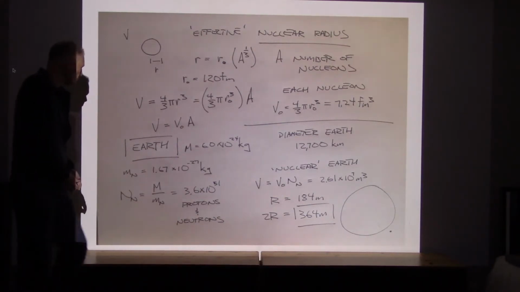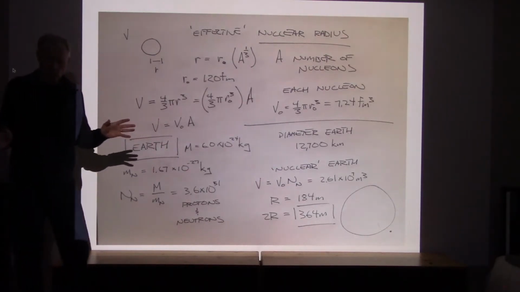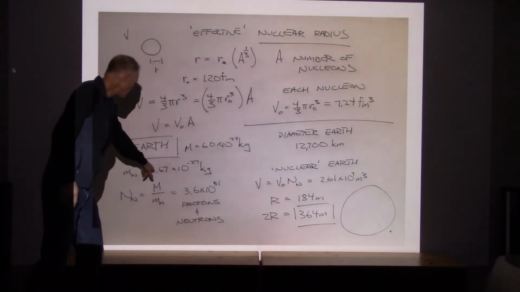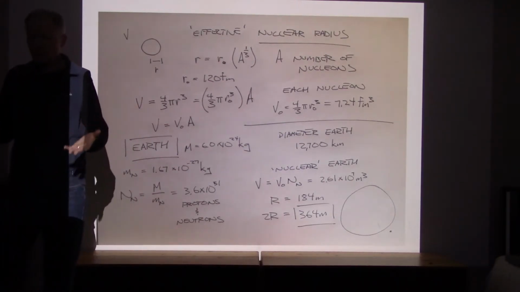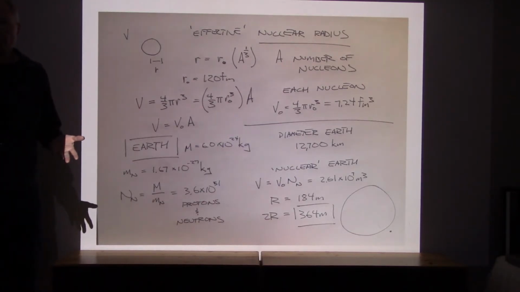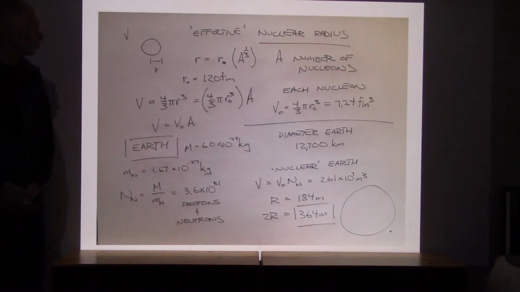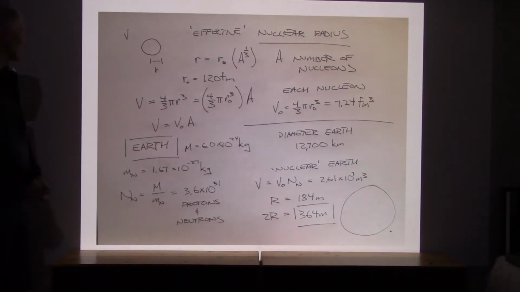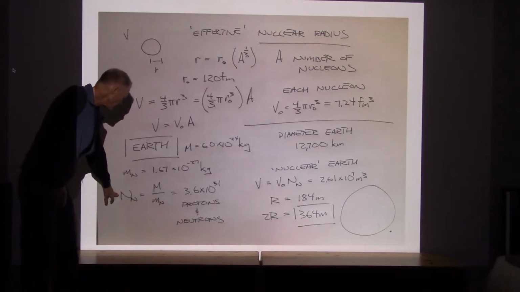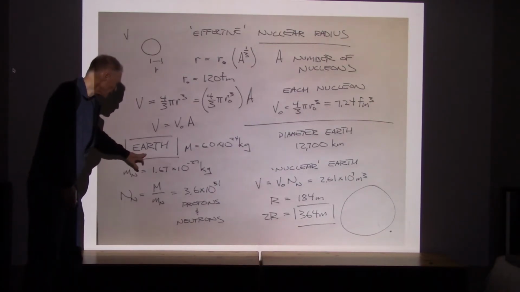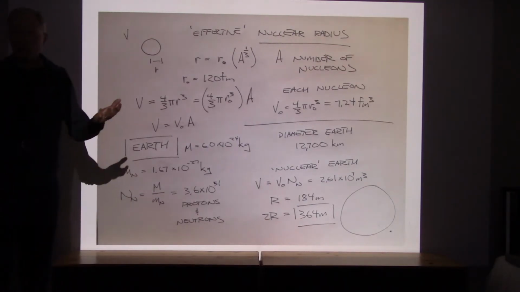Now, the mass of an individual proton or neutron is 1.67 times 10 to the minus 27 kilograms. And again, the proton and neutron masses are so similar to each other that to a good approximation we can just pick an average value or an estimate that applies to both. And what that says is that the number of nucleons in planet Earth can actually be determined. Now you might be thinking, well, what about all the electrons?